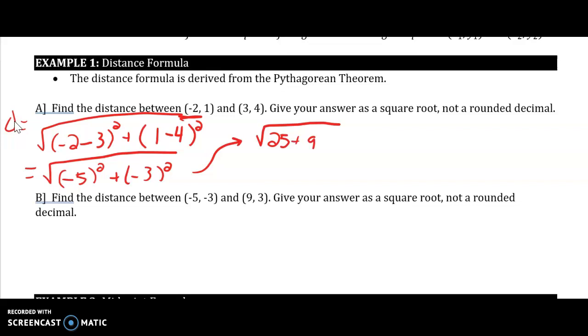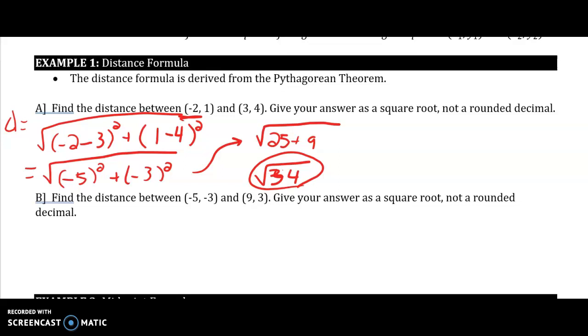Square another negative makes a positive. Square root of 34. Does that simplify? Any perfect squares go into 34? 2 times 17, these are not perfect squares. Notice our answer says give your answer as a square root, not a rounded decimal. So there it is, square root of 34.